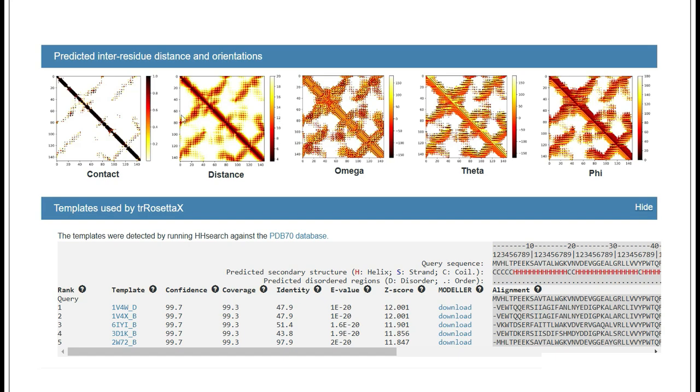Next, we have a series of heat maps here under the title Predicted Inter-Residue Distances and Orientations. These maps represent predicted 2D information by TR-Rosetta using deep learning. First one is the contact map. This shows which residues in the protein are close to each other in space.